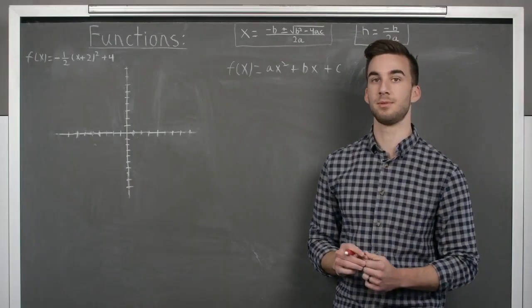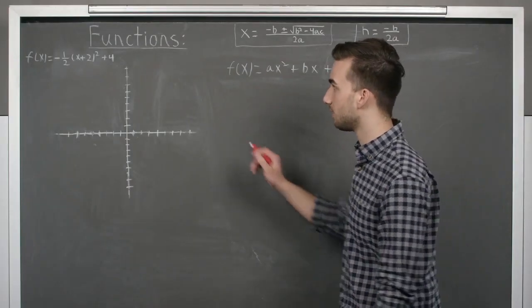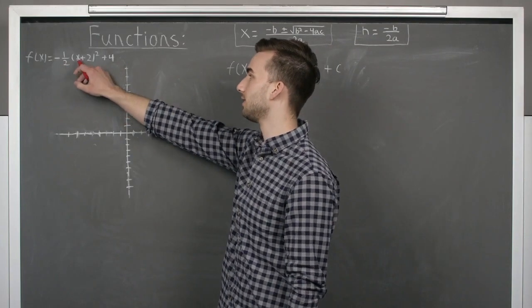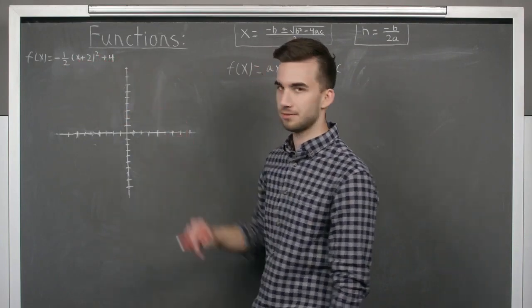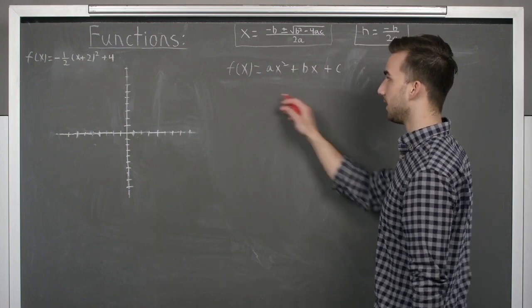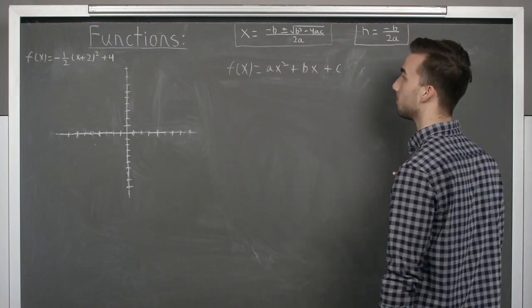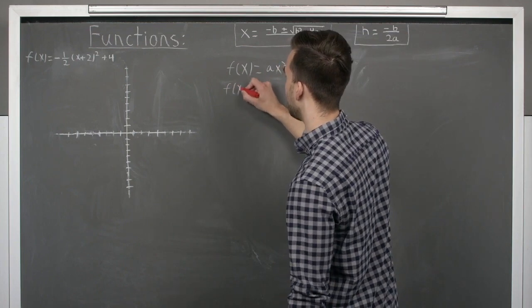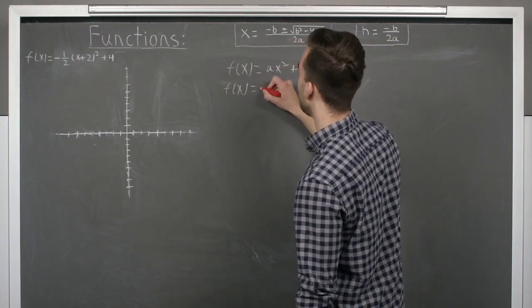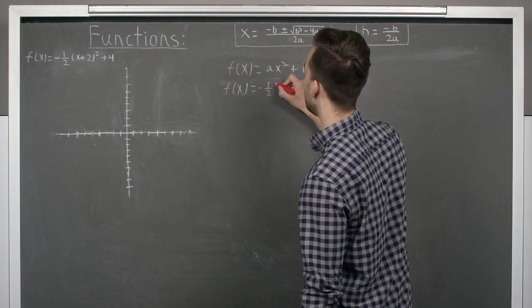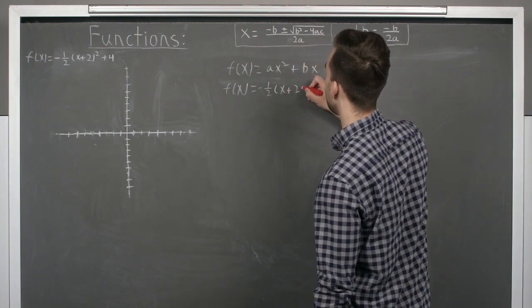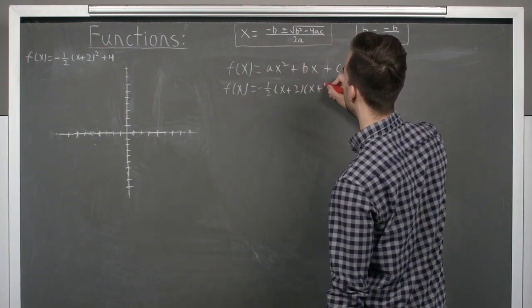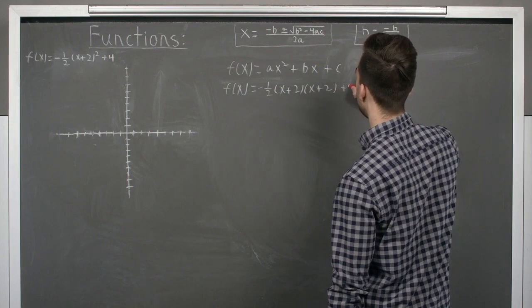In this example, we can solve the given function, f(x) = -1/2 times (x + 2) squared plus 4. But first, we need to get it in the form ax squared plus bx plus c. So let's rewrite this as -1/2 times (x + 2)(x + 2) plus 4.